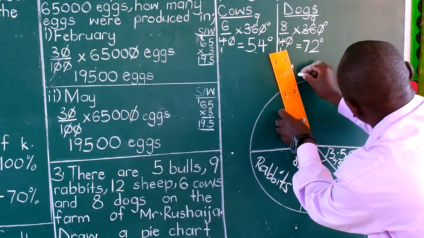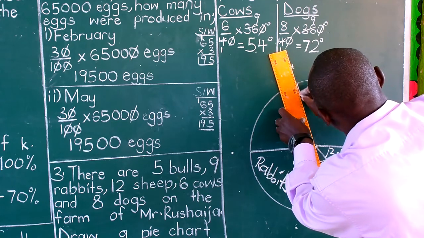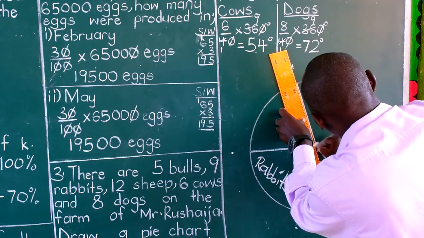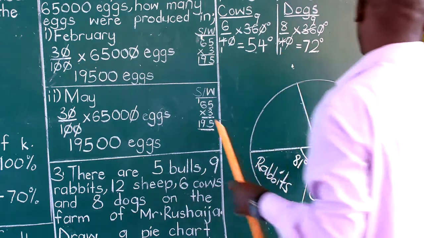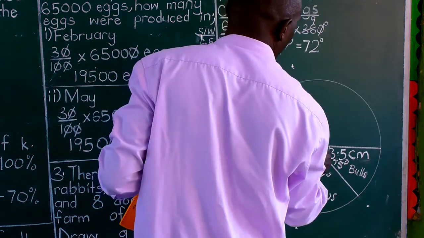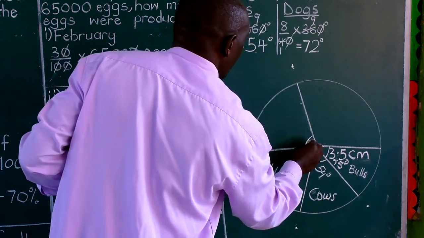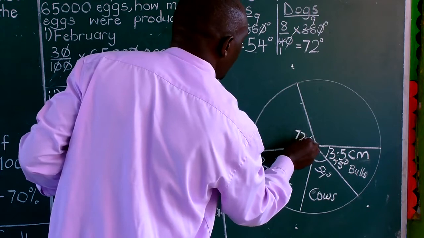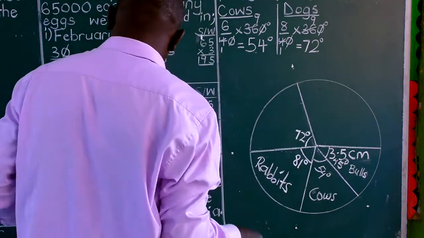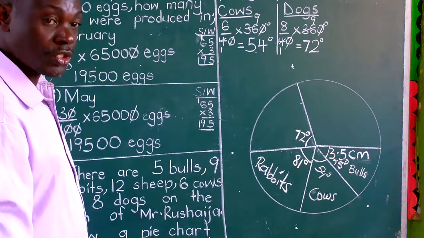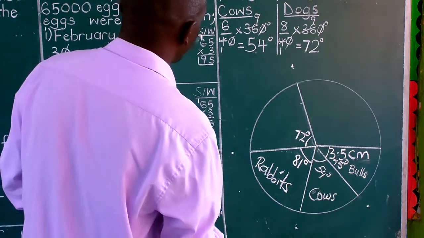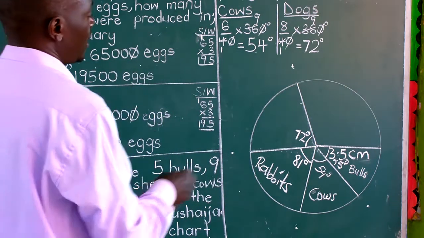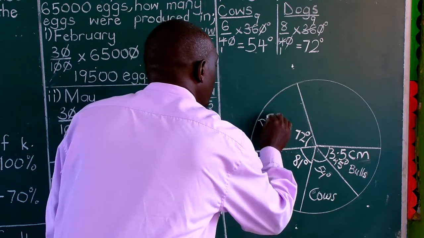Not yet. Then do connect accurately. After that connection, you will be able to know that surely this is 72 degrees because of the accuracy of your protractor. Then name the sector. The sector is named dogs.